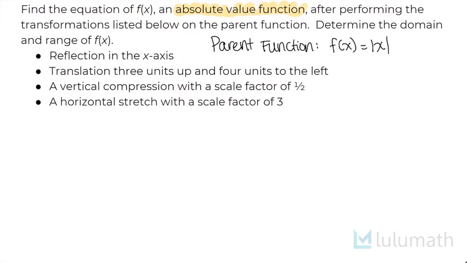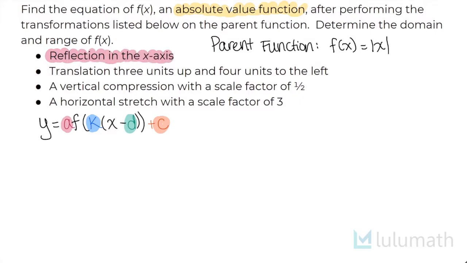And just a reminder that the general equation with the transformations is as follows. And I've color-coded these on purpose so we can see where these descriptions are going to affect our values. So the first thing we're told is that we have a reflection in the x-axis. Well, if we reflect something in the x-axis, that is a vertical reflection, and that is going to affect the a value.